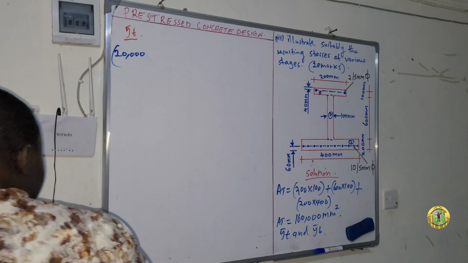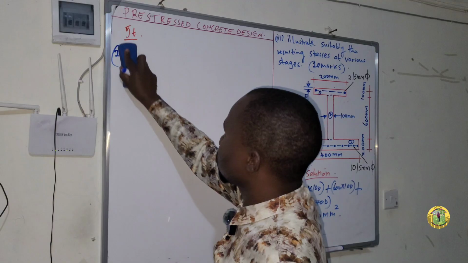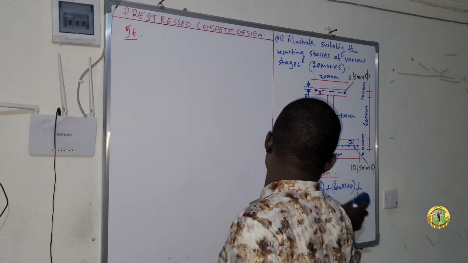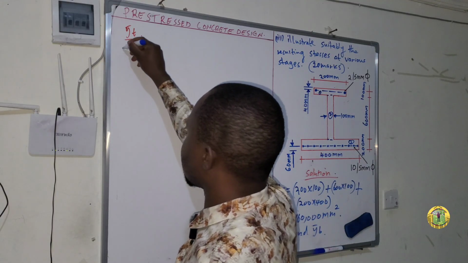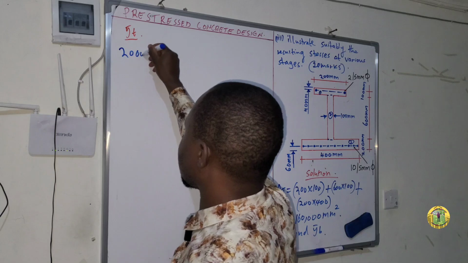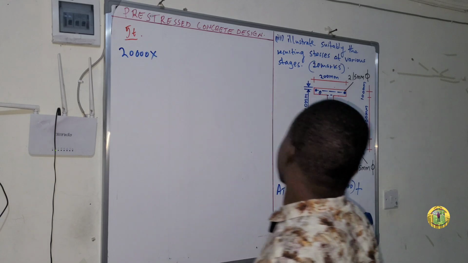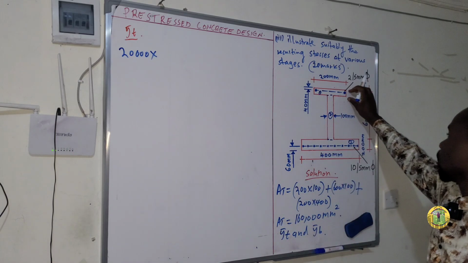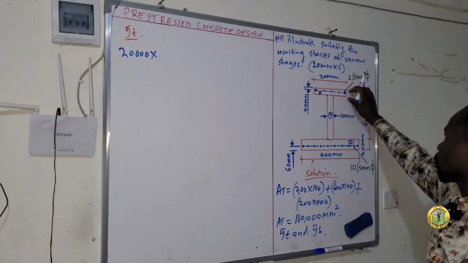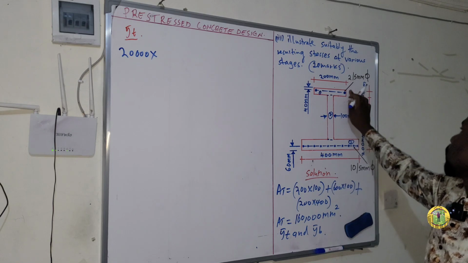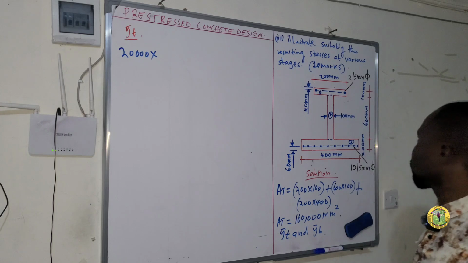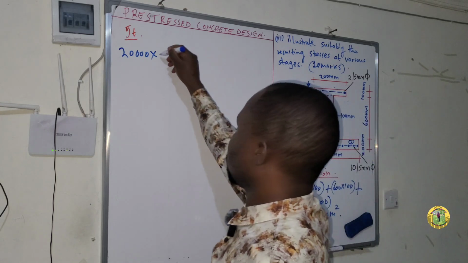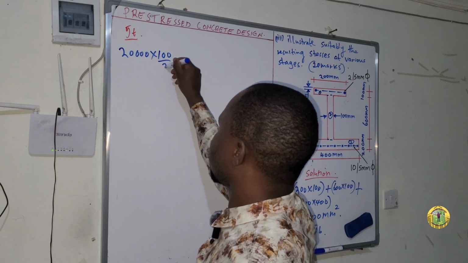This is 20,000 times half of the width of this figure number 1, which is 100 over 2.